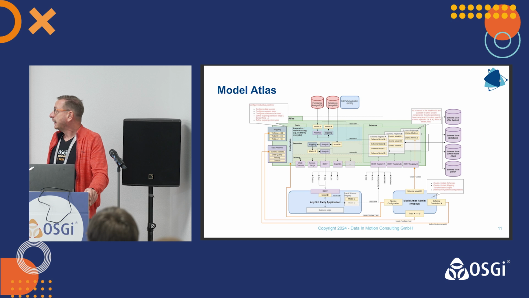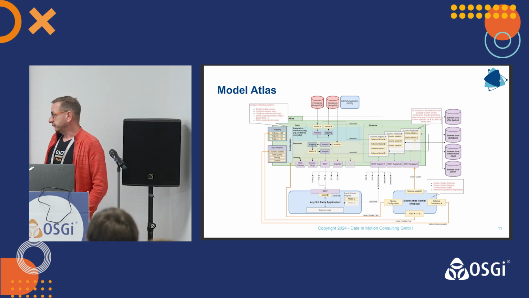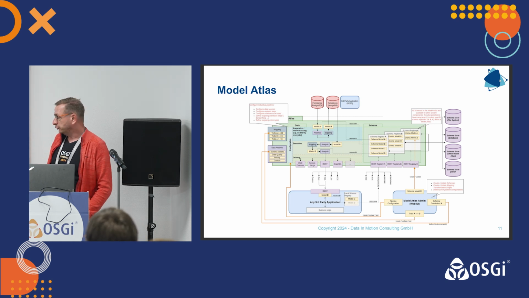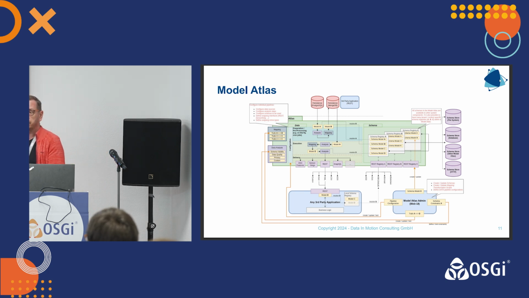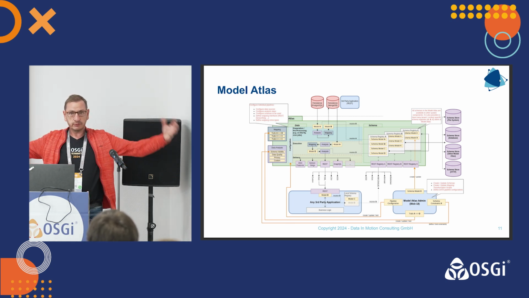On the other side, we then have third-party applications, and the third-party applications are those who just want to consume these models. They want to load some JSON files that are of that schema from Model A, for instance. So they need the schema information in a whole distributed environment.